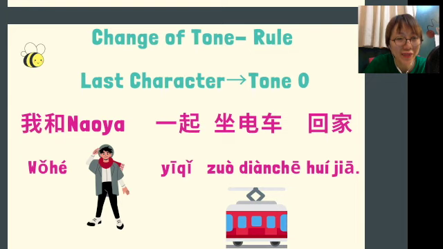Did you notice the difference? The tone change will be less intense, becomes more stable actually, because the last character of one word or phrase becomes neutral tone. 一起 becomes 一起. 坐电车 becomes 坐电车. 回家 becomes 回家. Isn't that easier?